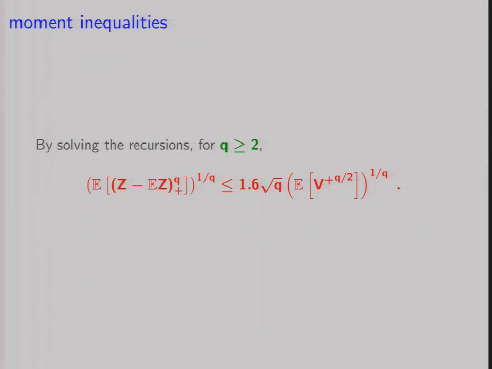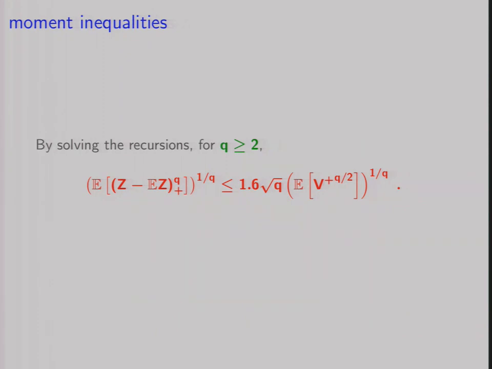If you have a random variable that is sub-Gaussian in this sense, then the moments grow like square root of q, and vice versa. If you have moments like square root of q, then you can use Markov's inequality to prove sub-Gaussian tails. So what this says is that the growth of the moments somehow characterizes the tail behavior.